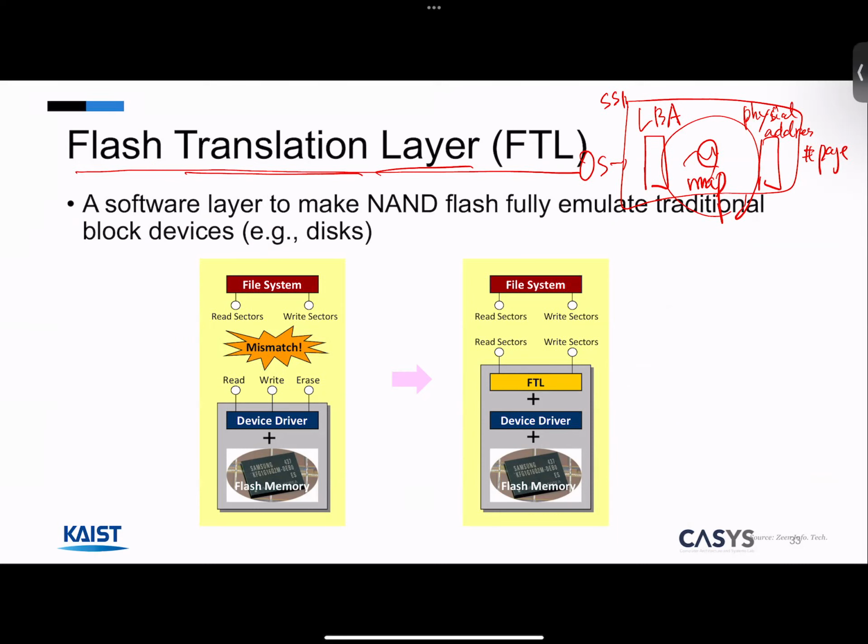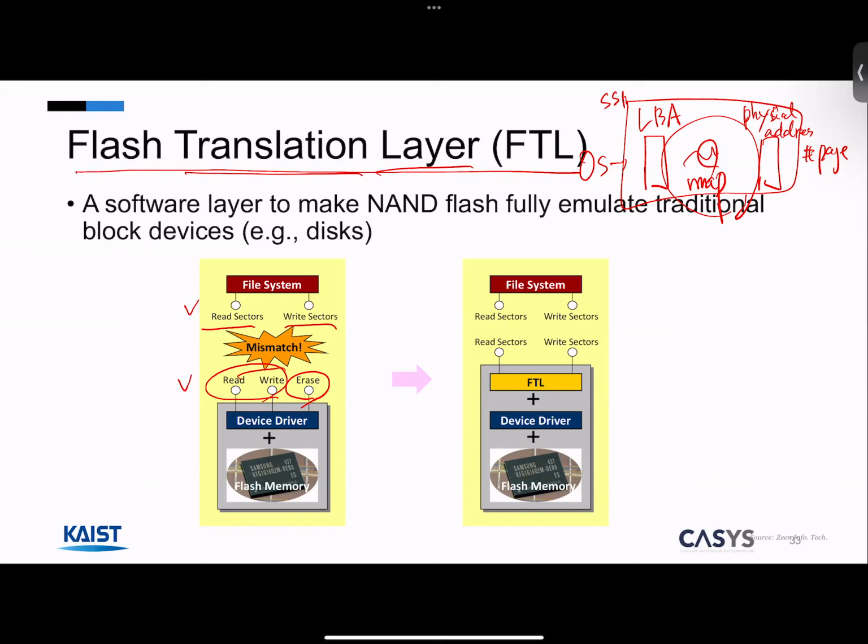That's the first one. The second one is that the file system, through the POSIX API, reads and writes sectors, but internally, to support update operations, the SSD supports read and write operations and also the erase operation. So the interface of the file system and the interface of the flash are mismatched.